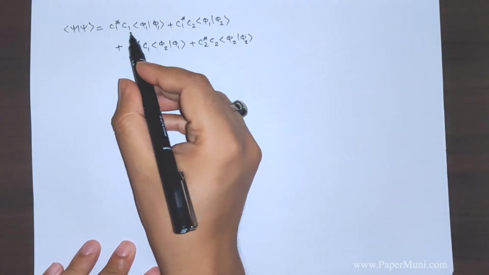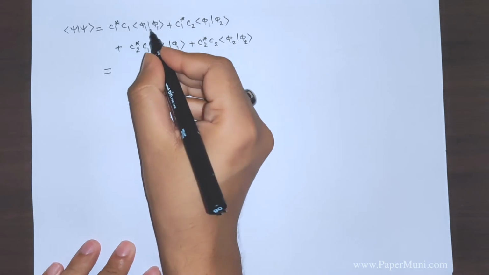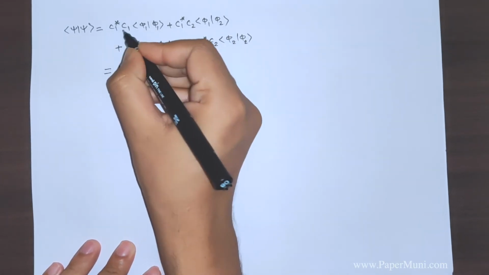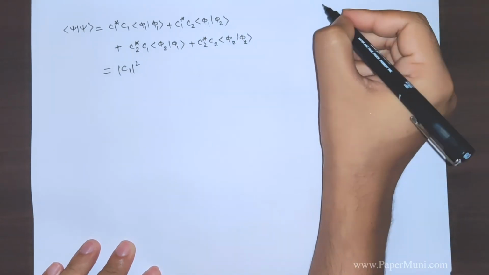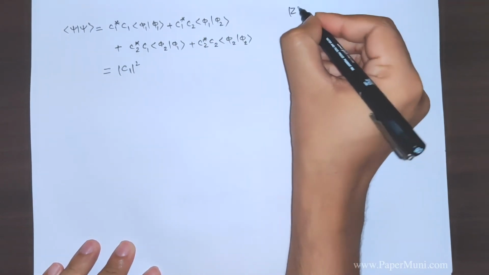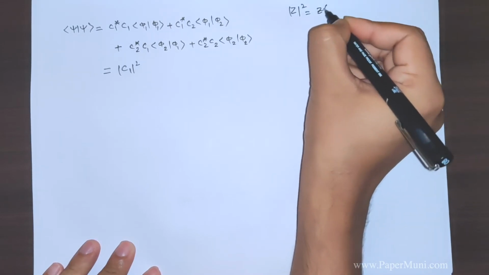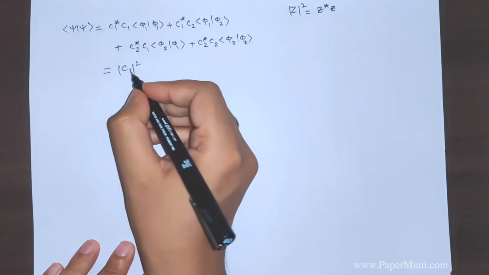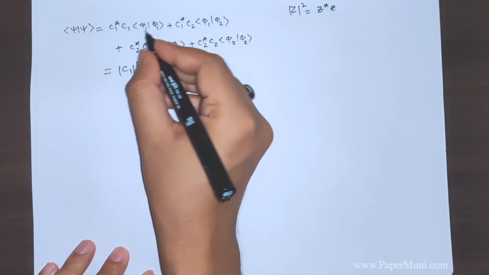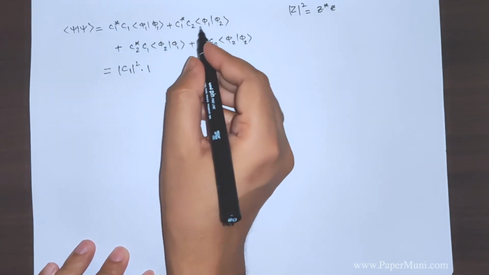So further, when we simplify this part, this is 1, right? And this one is C1 mod square. From complex numbers we have that Z mod square is equal to Z star Z, so similarly we have written C1 mod square. This is 1 from the normalization condition.